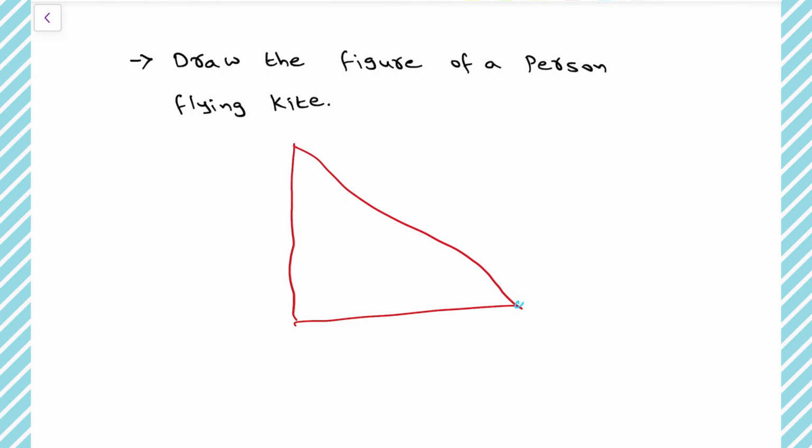This is the starting point of the thread and this is the kite where it is flying. This will become the height of the kite from the ground, this will be the distance between the vertical position of the kite and that person, and this will become the thread length. That's it. This is the figure which is required.